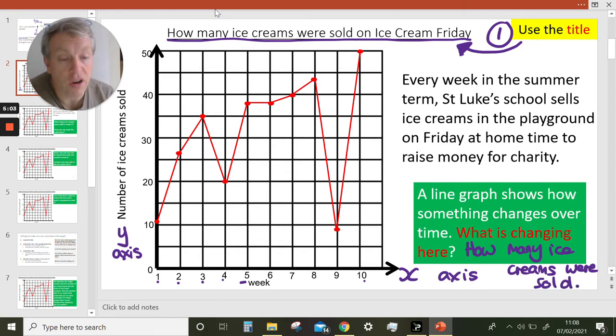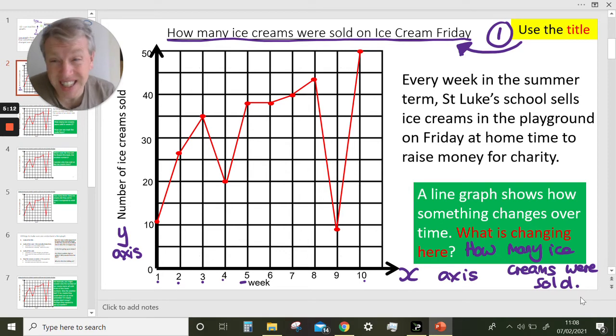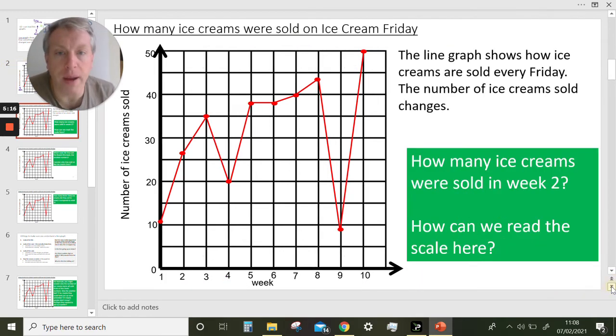That's what this line graph tells us, and it shows over 10 weeks. How was Ice Cream Friday doing? How many were they selling? More? Less? The same amount? Which were the best weeks? Which were the worst weeks? Okay, so the line graph shows how many ice creams are sold every Friday, and that's what's changing.